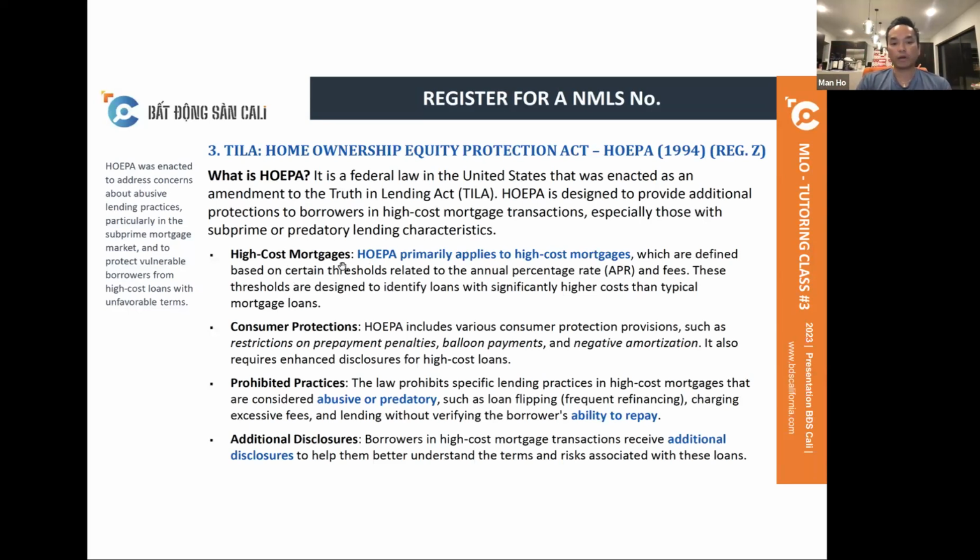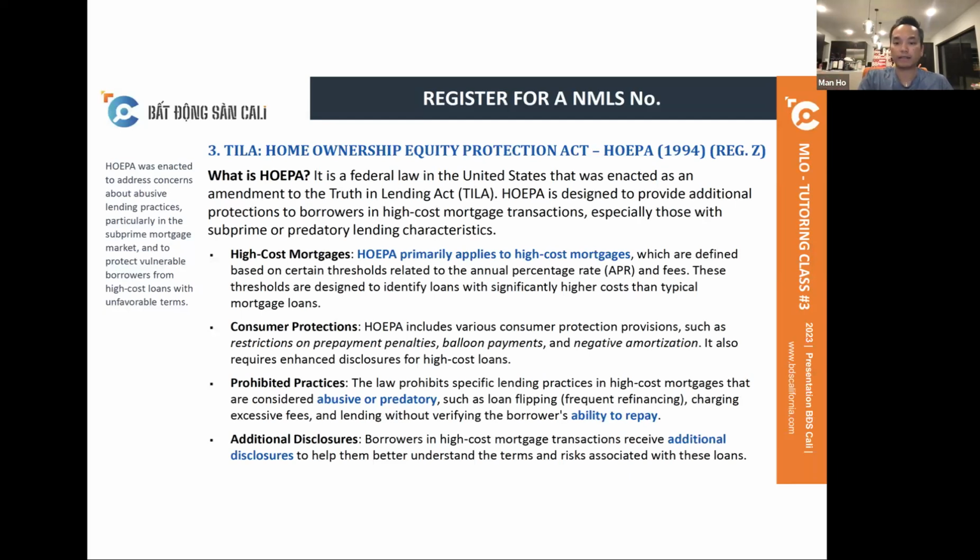Okay, so high-cost mortgages, what are they? HOEPA primarily applies to high-cost mortgages, which are defined based on certain thresholds related to the annual percentage rate. You have the rate plus the fees, which becomes an APR, and that APR is compared to the APOR that I mentioned earlier.